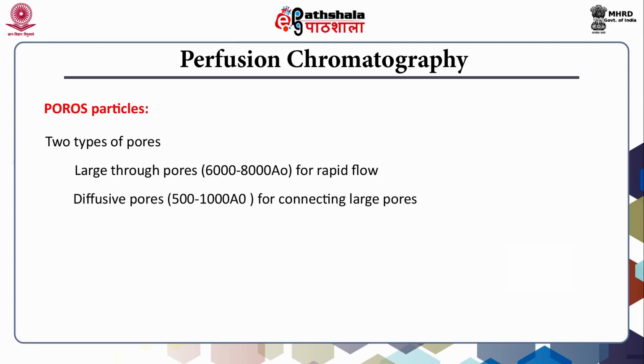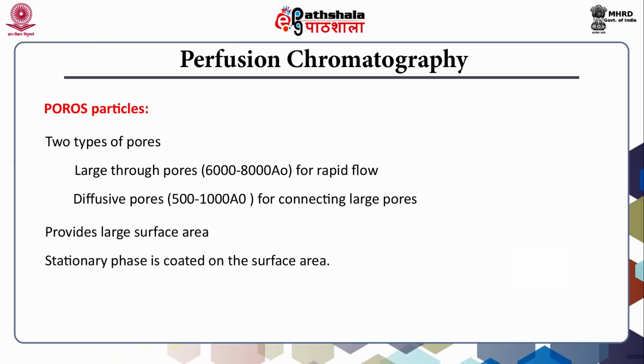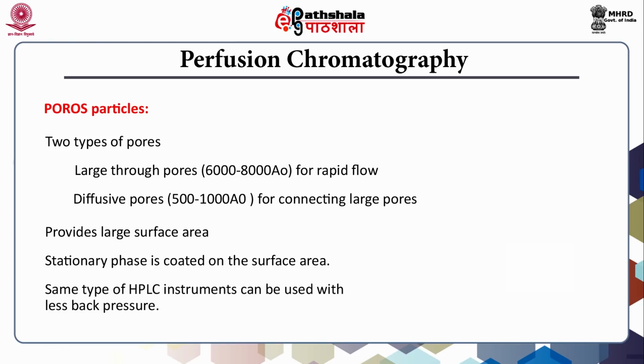This is very important, because mathematically we can prove in the coming slides that there is no effect of flow rate on the theoretical plates. These pores provide large surface area, and the stationary phase is coated on that surface area, and the same type of HPLC instruments can be used with less back pressure that we discussed just now.